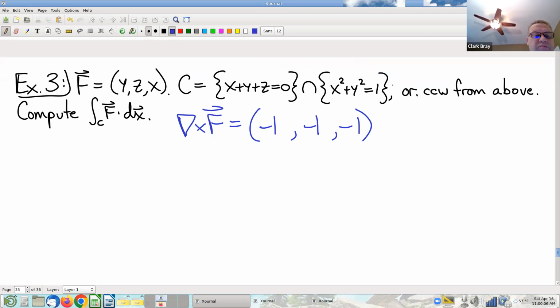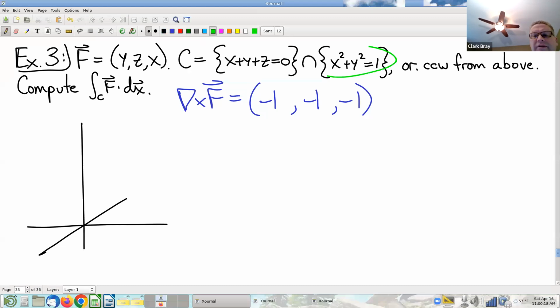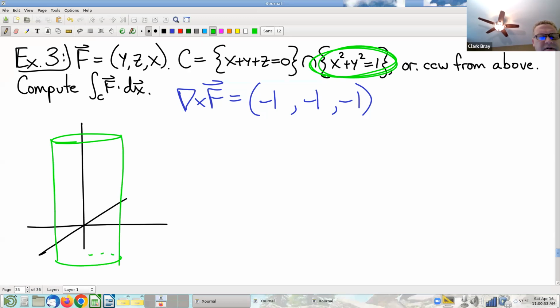So I'm going to just draw a picture of these surfaces, to try to understand what my curve is. So here we are in 3 dimensions, and let's draw this one first. There's a cylinder. That looks like the hard one, so I like to do the hard one first. It's a cylinder centered on the z-axis. Radius is 1. Not that it's particularly hard, but nevertheless, it's harder than this one.